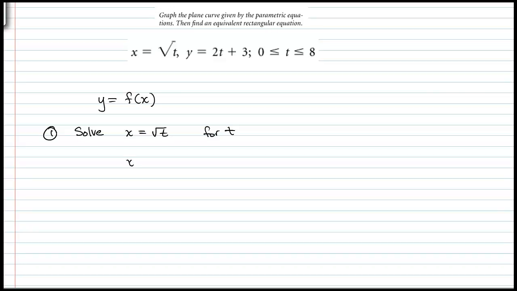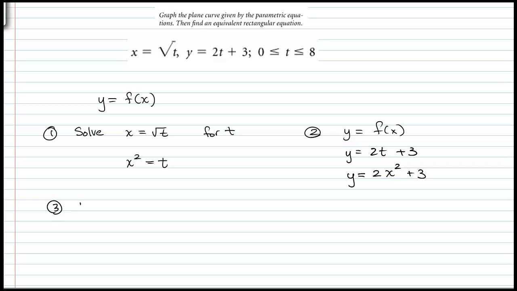To undo a square root, you should square it. Going to the second part, where we want to write y as a function of x, where y is equal to 2t plus 3, we want to change the t in for an x, so that means that y is equal to 2x squared plus 3.